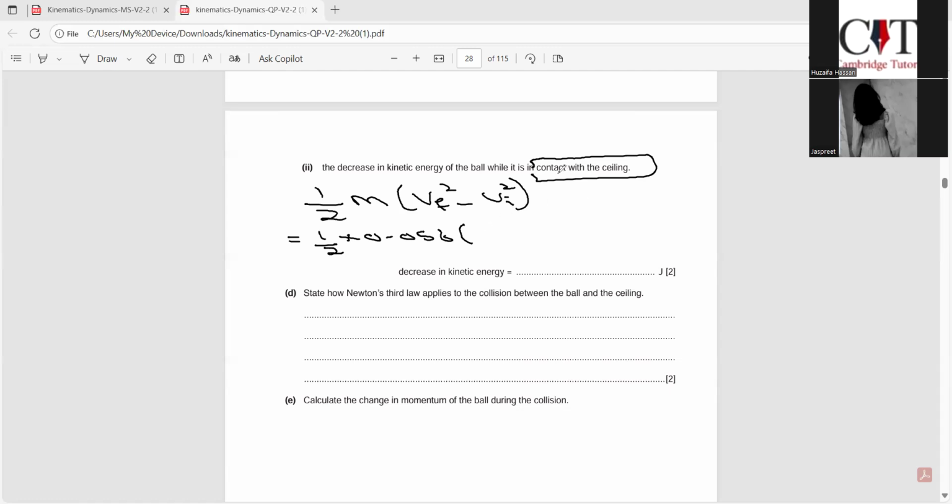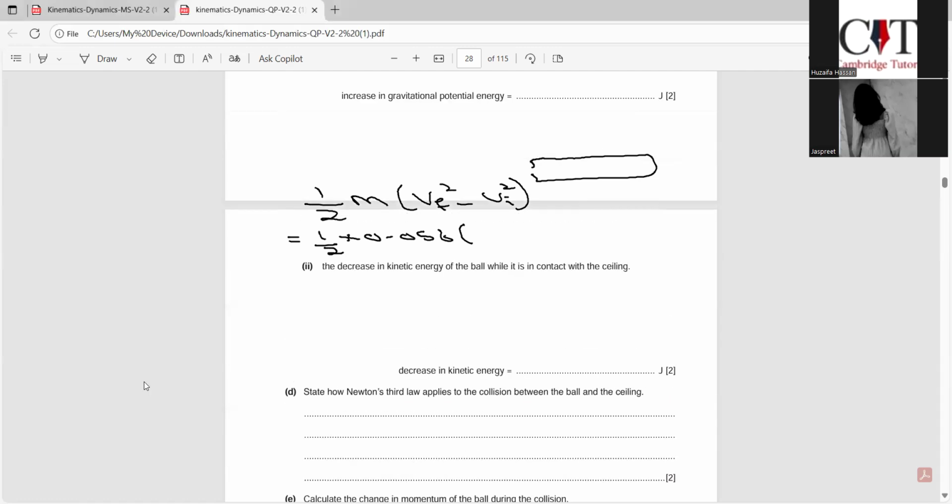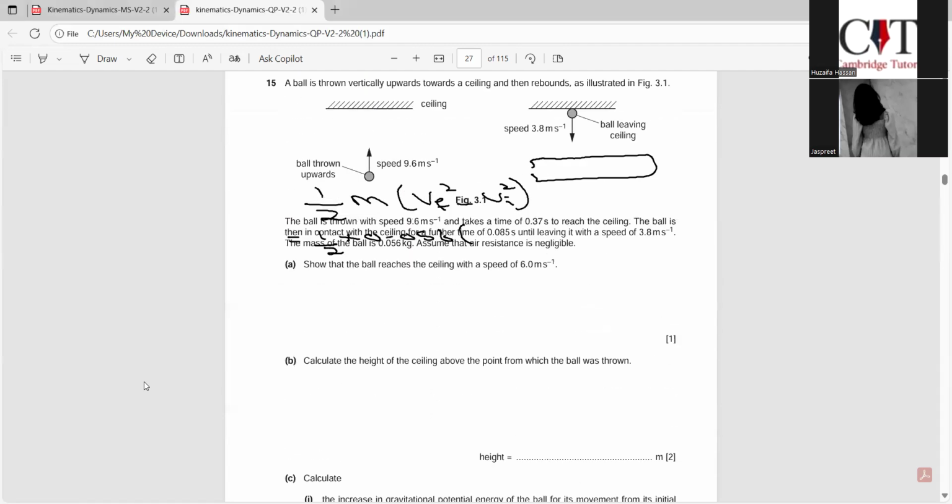No, it is saying while it is in contact with the ceiling. With the ceiling means that the object is still in contact with the ceiling. See, this is the speed when the ball is leaving the ceiling, and we already calculated the speed when it reached the ceiling.